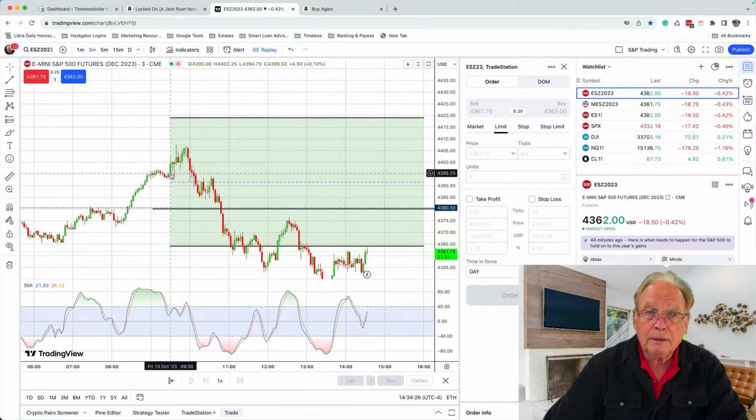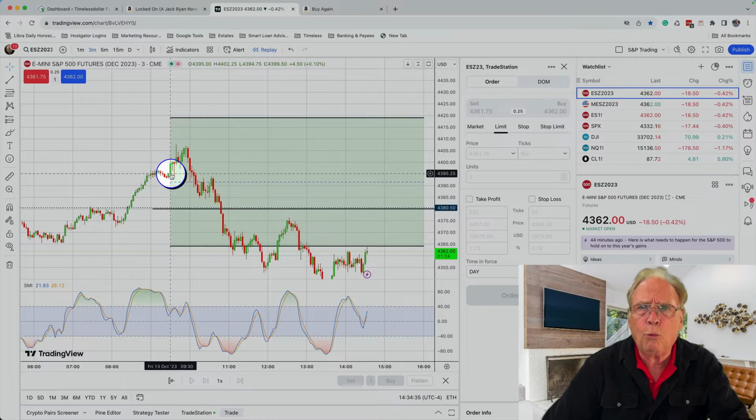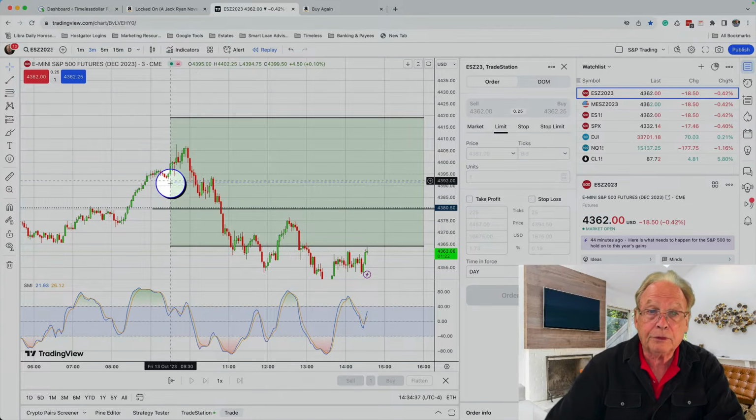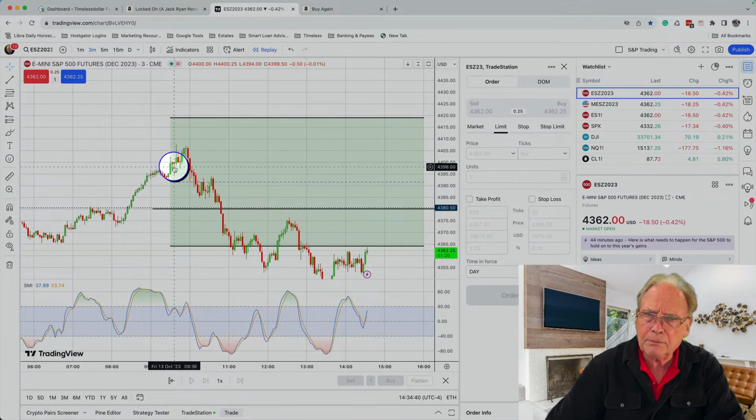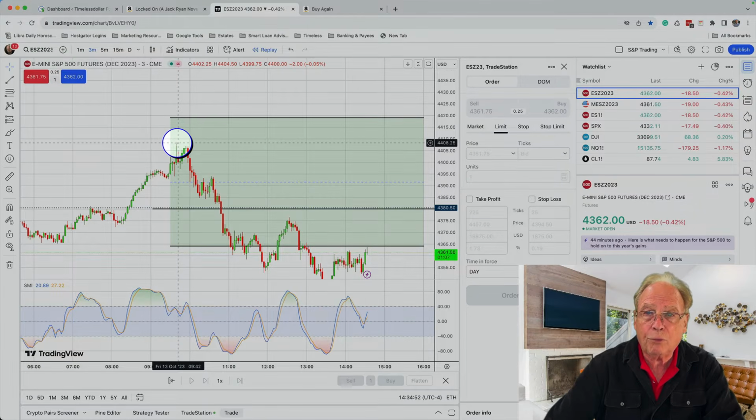The market opened at 43.95, but then counterintuitively faded the gap, in other words moved away from the direction of the gap. The gap was down, but the market moved up. The highest point was reached about 10 minutes after the open, at about 44.08.